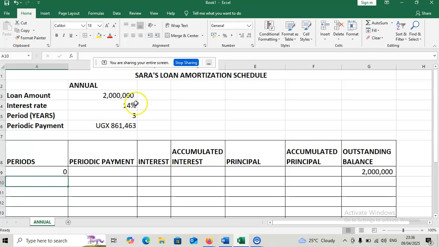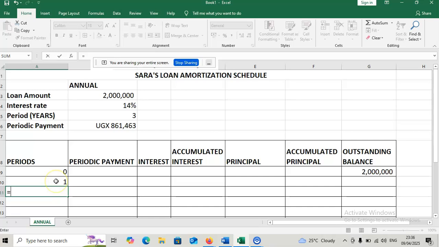Now remember, this loan is supposed to be paid in 3 years. Okay, so we shall begin with the first year. Now if the years were supposed to be 5 of them or over 100, you may not have time to type in 1 up to 100. You can use a simple formula of equal sign.